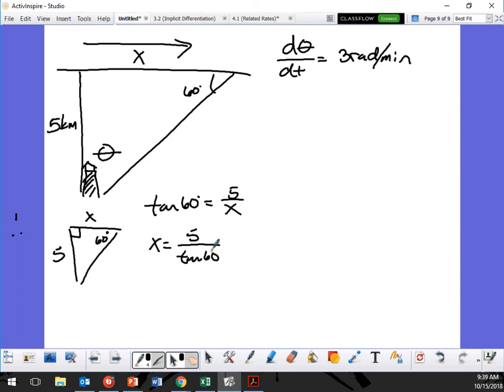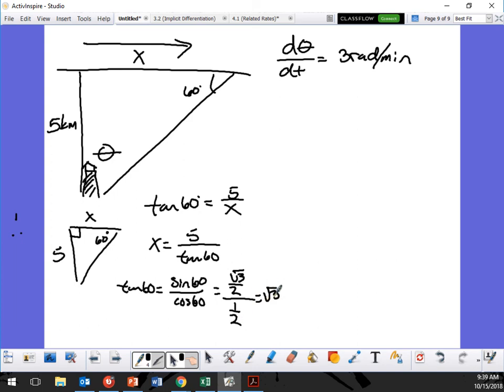Let's see, tangent is sine over cosine. Sine 60 over cosine 60. Sine 60 is going to be rad 3 over 2, divided by cosine of 60, which is 1/2. Can't divide fractions, got to multiply by the reciprocal.